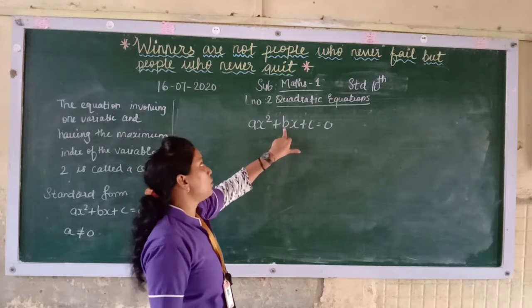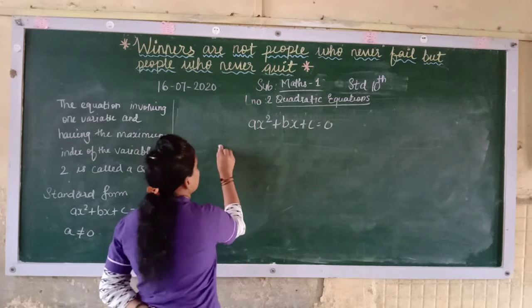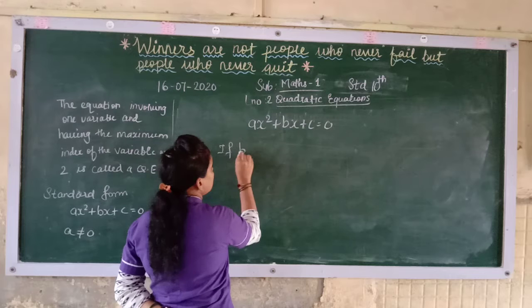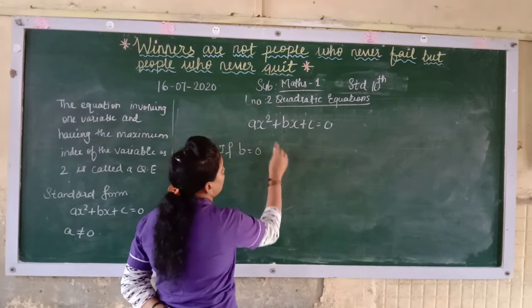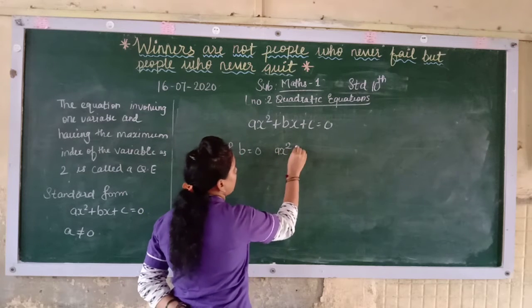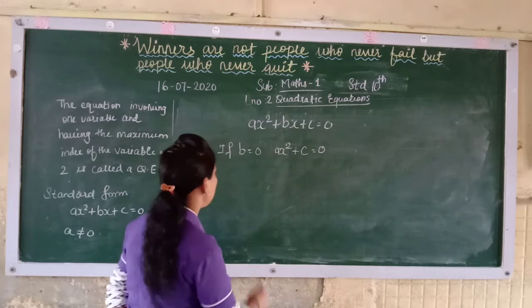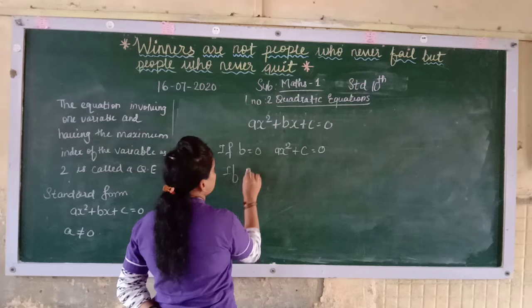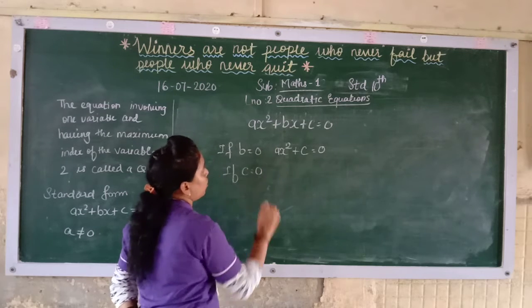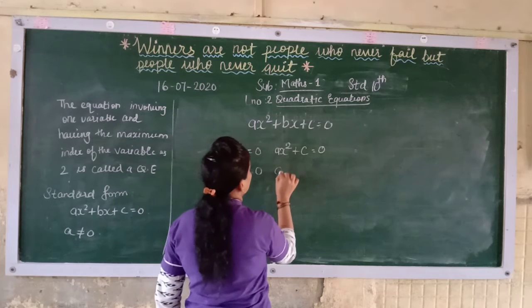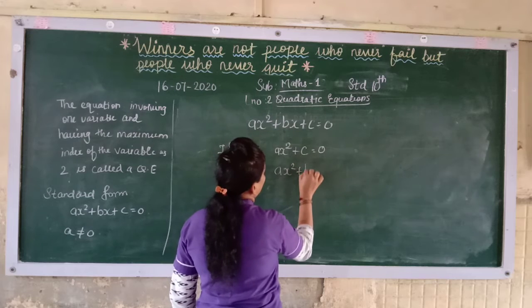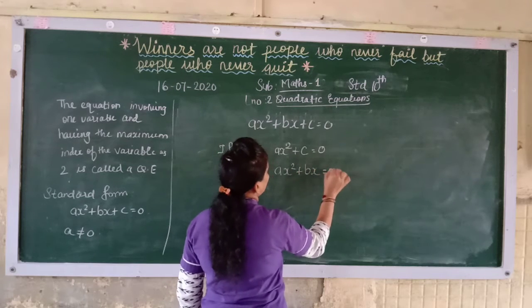If b is equal to 0, what will you get? ax square plus c equal to 0. Still it is a quadratic equation. If c is equal to 0, what will you get? ax square plus bx equal to 0.